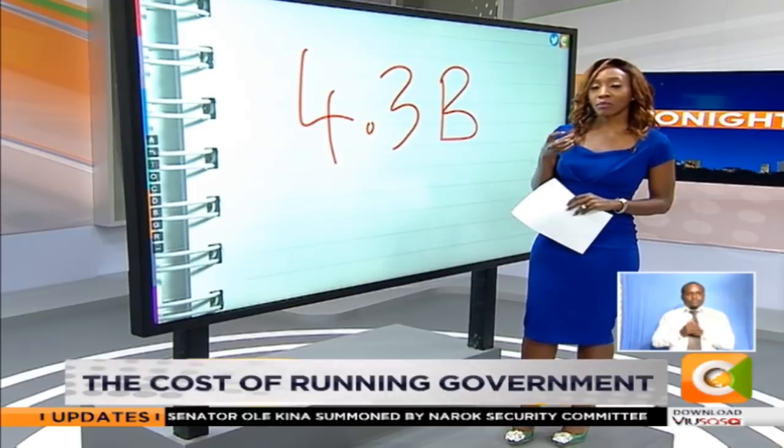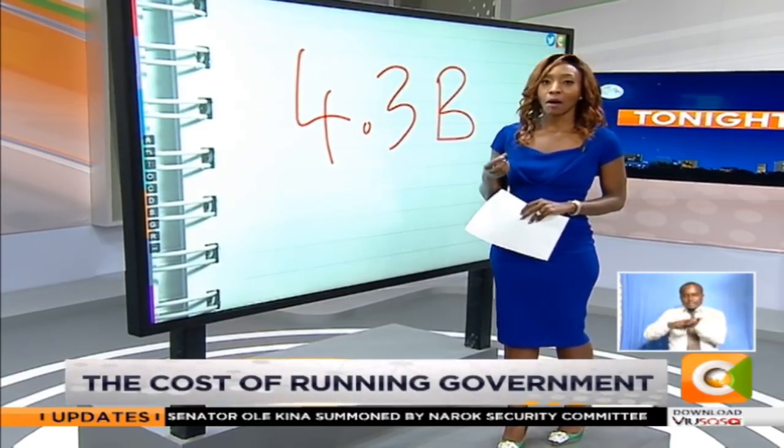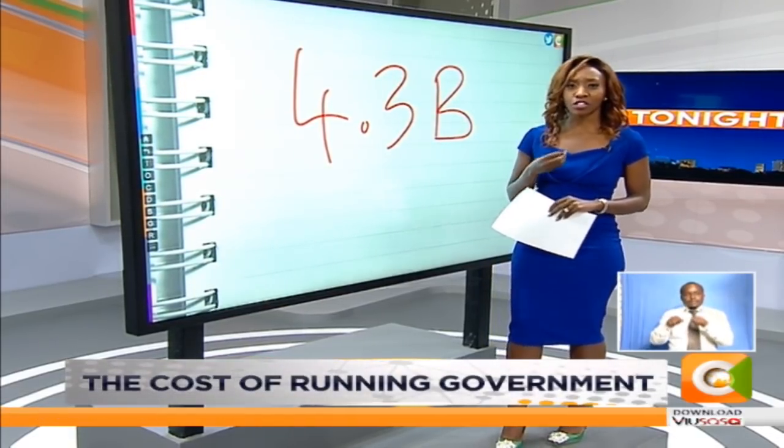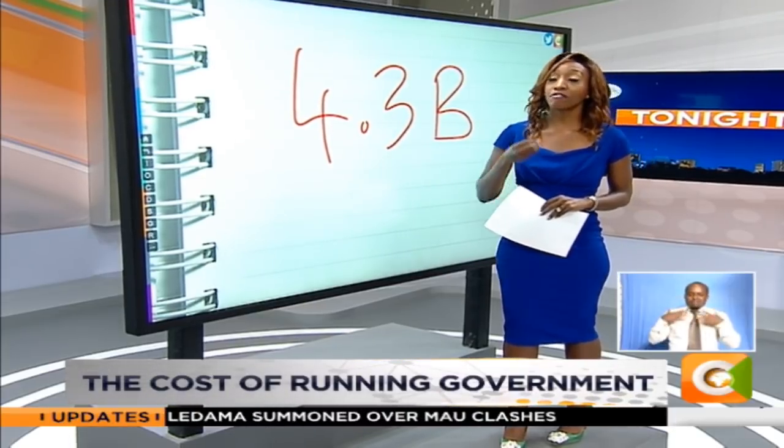So this is money that we're spending in recurrent expenditure, but that can actually go to development, into things like health, into things like funding the counties.